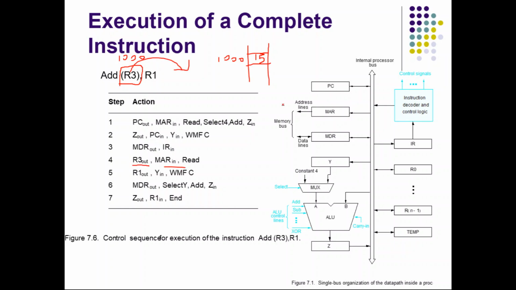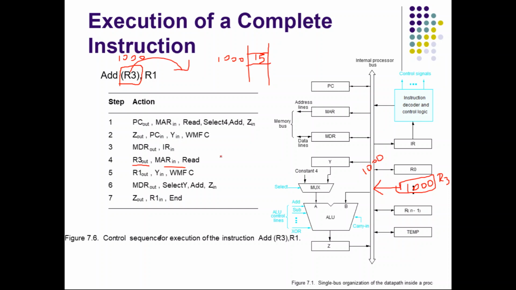R3 contains what? Here all the registers are there, and one of the registers is R3. R3 contains this 1000, which is the address of the content 15. R3 out means it goes to the internal processor bus, so the bus will now hold 1000.